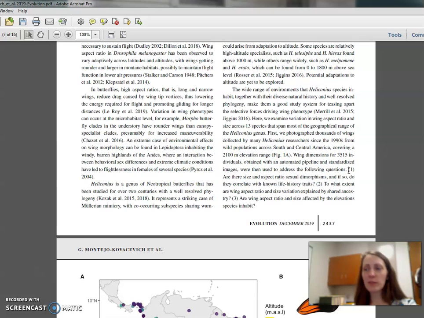So this will be a perfect opportunity to highlight number 1, number 2, number 3. This is like a key section. You want to highlight this. If you're taking actual notes, you'd be writing these things down. These are the 3 big questions that the study aims to answer.